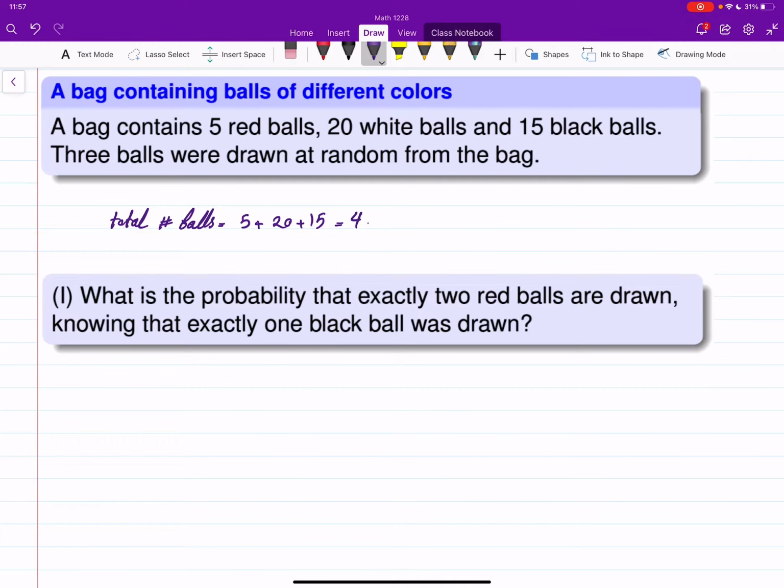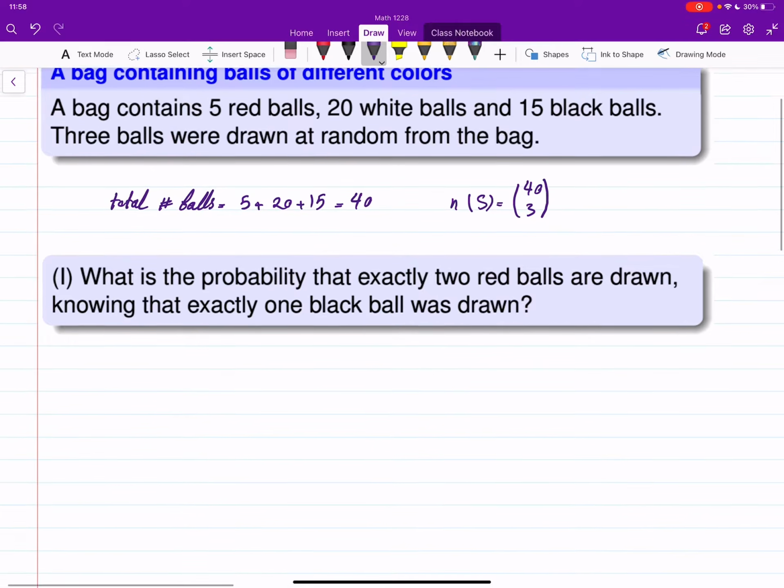This would add up to 40. And then we'll list all the possible outcomes here. Then that means that the number of elements in the sample space is going to be, I'm choosing 3 out of 40 distinct objects, yes? So that's something that we will use over and over again.